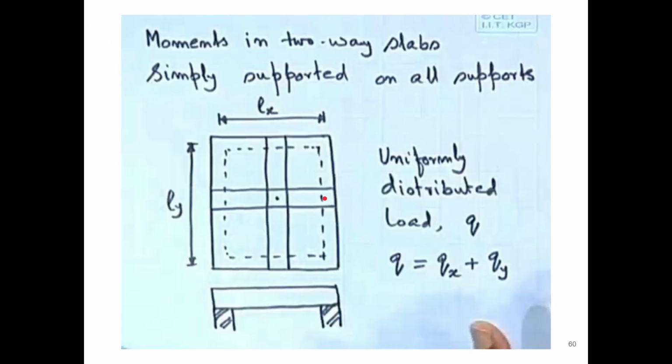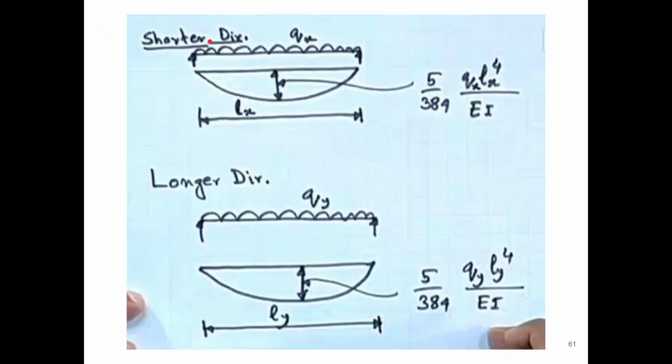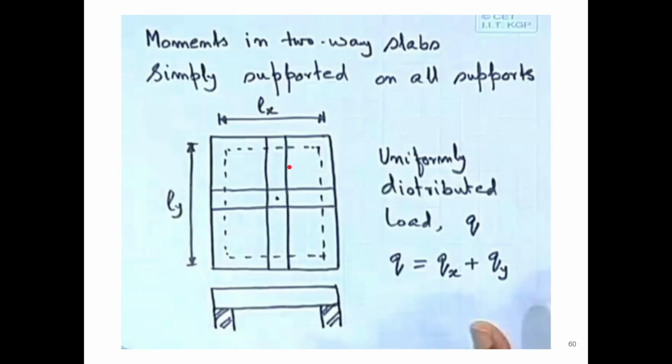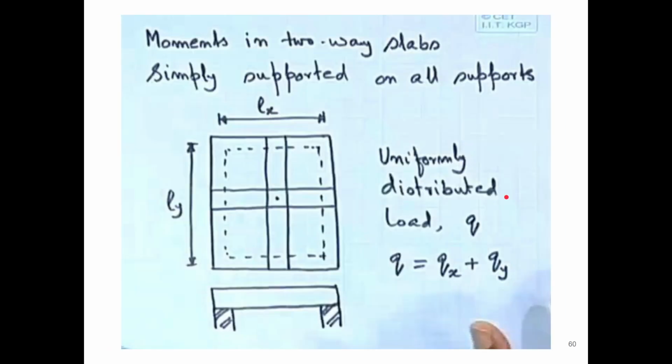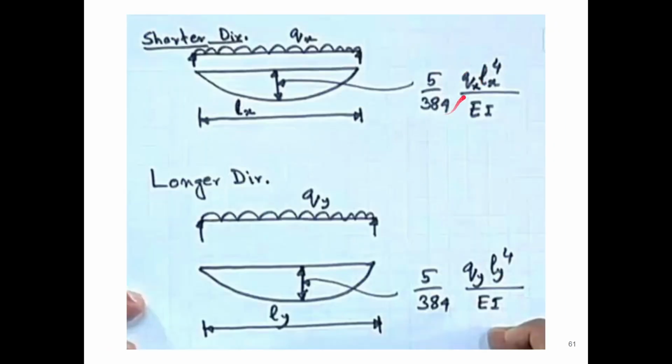In the shorter direction, the x direction, it will be Qx, and the effective length will be Lx. The maximum deflection for UDL in a simply supported case will be 5 by 384 WL to the power 4 by EI. I think you know this from mechanics.